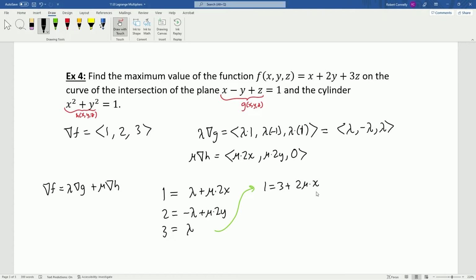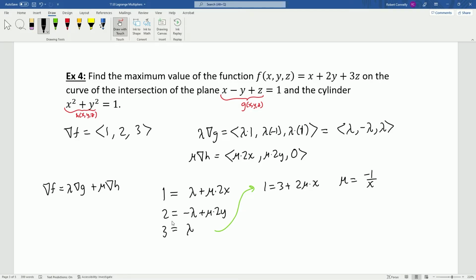And I could approach this a few different ways. I think I'm going to solve for mu first. So if I subtract 3, I get -2. And then I divide that by 2x, I get mu equals -2 divided by 2x, which is -1 over x. And I'm going to just write that mu a little cleaner.